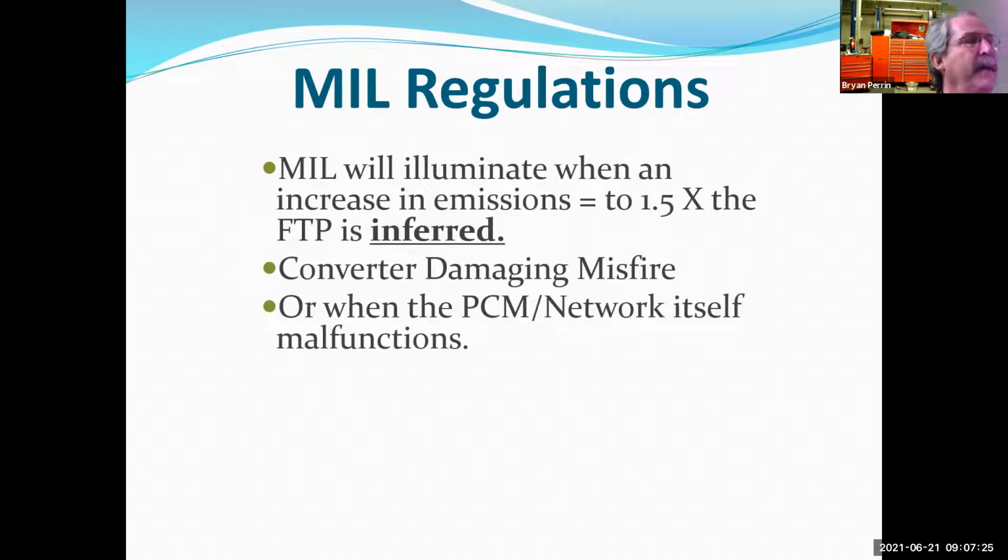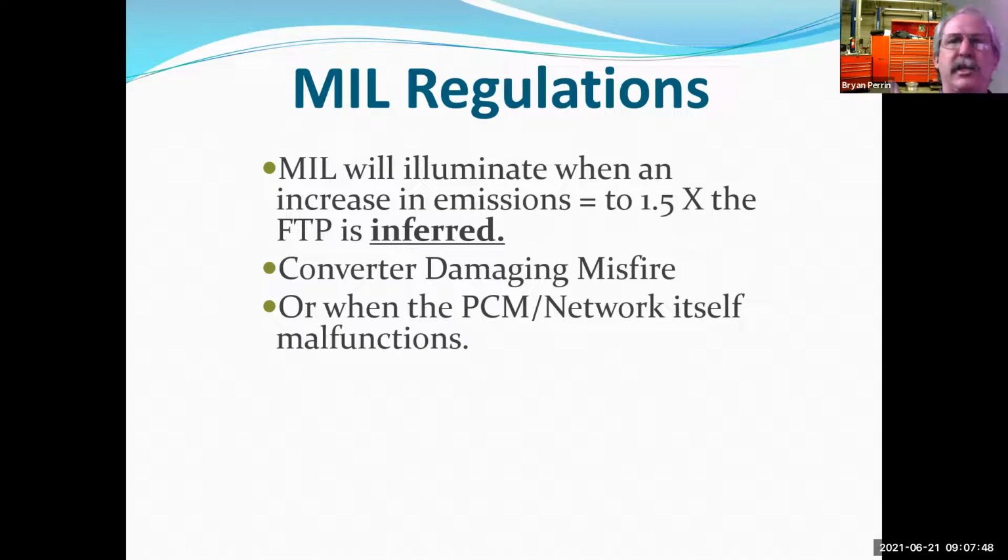If the PCM or the network malfunctions, it can also turn the MIL on, but only if it thinks that malfunction is going to cause emissions to increase. So, for example, not all network codes are going to set a check engine light because not all network problems are going to cause emissions to go up.